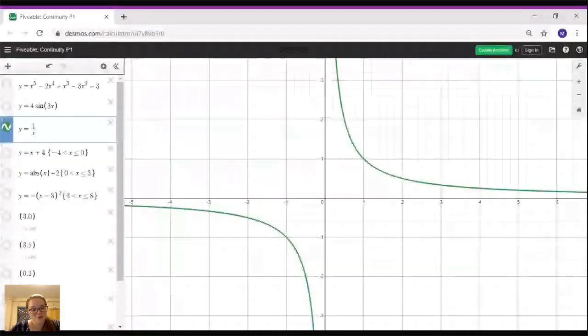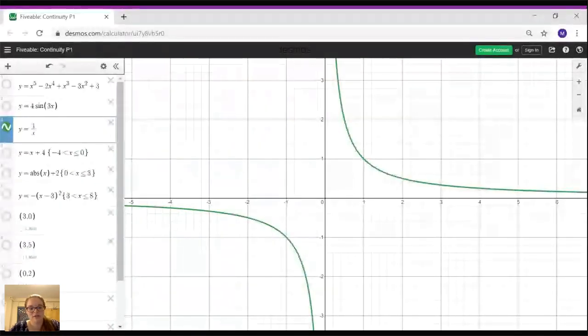Reciprocal is also a word, but that's also not the word I'm looking for. But those are both really good words. What's another thing for a function that's always a fraction? What kind of a function is that? Okay, we're getting closer. It actually is rational. So this is called a rational function.